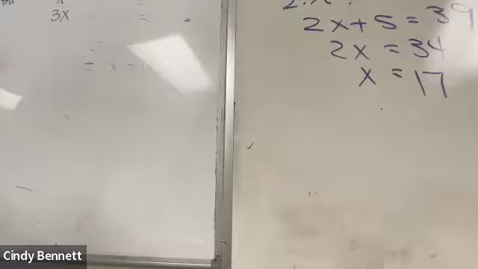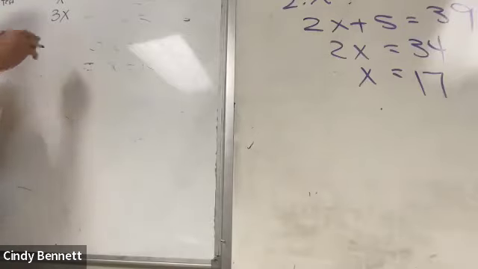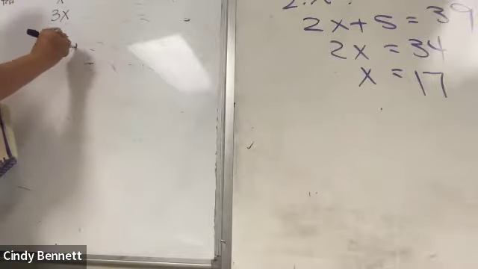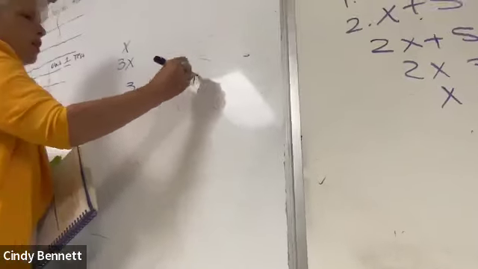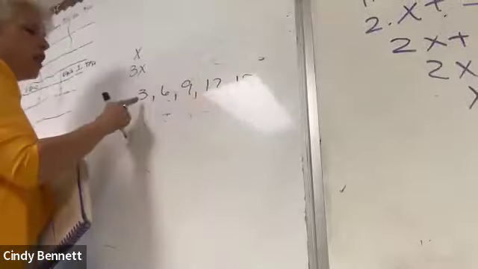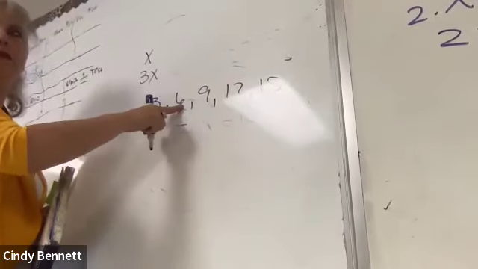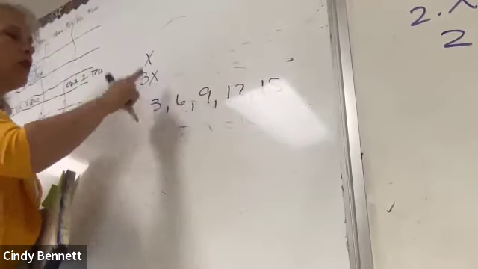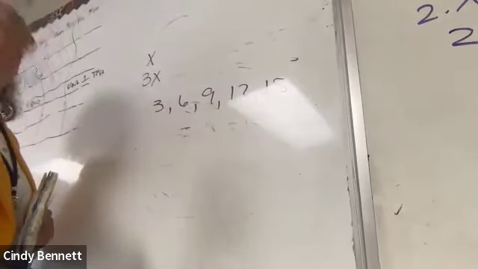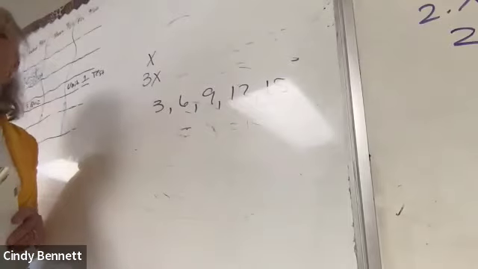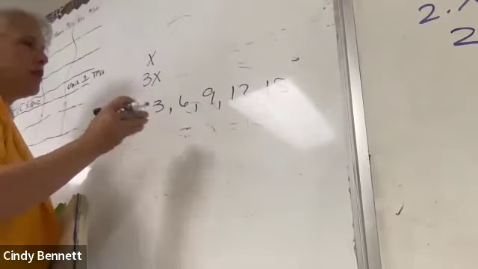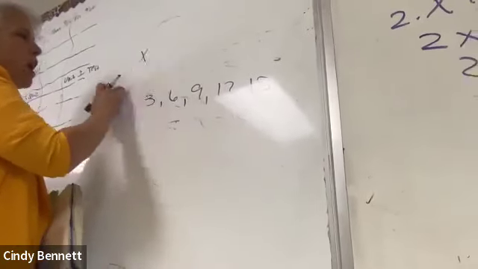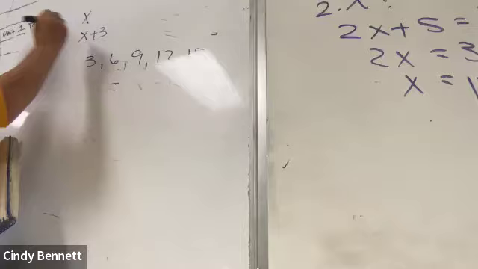In this case, instead of multiplying, say I'm doing multiples of 3. It's 3, 6, 9, 12, 15. What did I do to 3 to get 6? I just keep adding, right? In your mind, you're adding 3, adding 3, adding 3. So the next consecutive would be not 3x, but x plus 3.